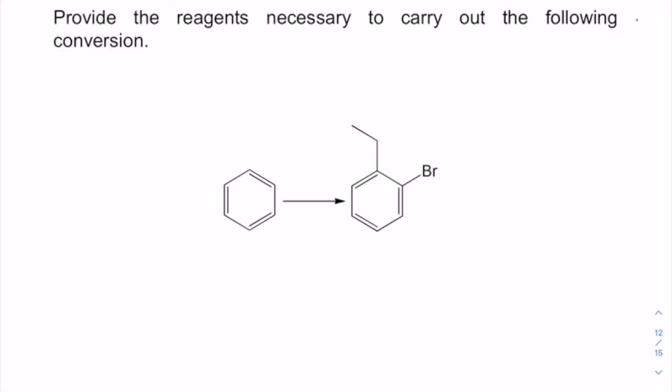to the bromine atom. Right, so to add the ethyl group, we need to do a Friedel-Crafts alkylation.